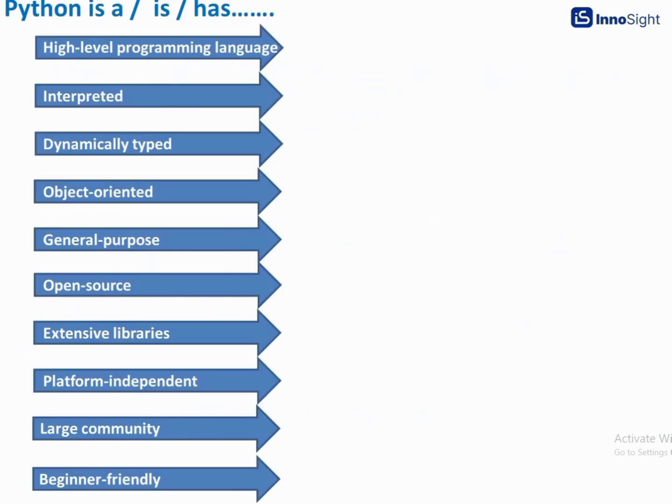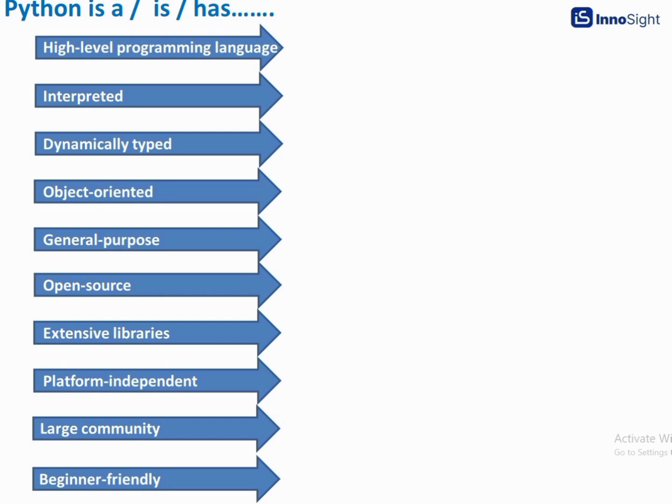Let's find out. Here you can see that Python is or has something. Python is a high-level programming language. Python is interpreted. Python is dynamically typed. Python is object-oriented.